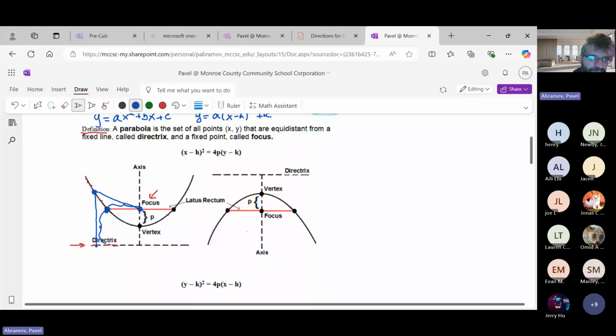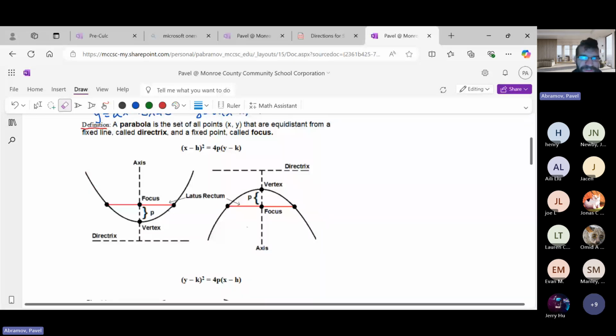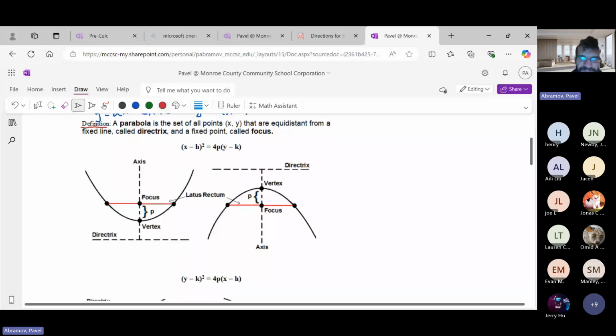Okay, now when we look at parabolas as conic sections, they have several parts. And also we have different versions of the parabola. Let's talk about the different versions first. So we have parabolas that open vertically. That's what we see right here. We have a parabola that opens upwards, and then we have a parabola that opens downwards, just like we've seen many times in Algebra 1 and Algebra 2.